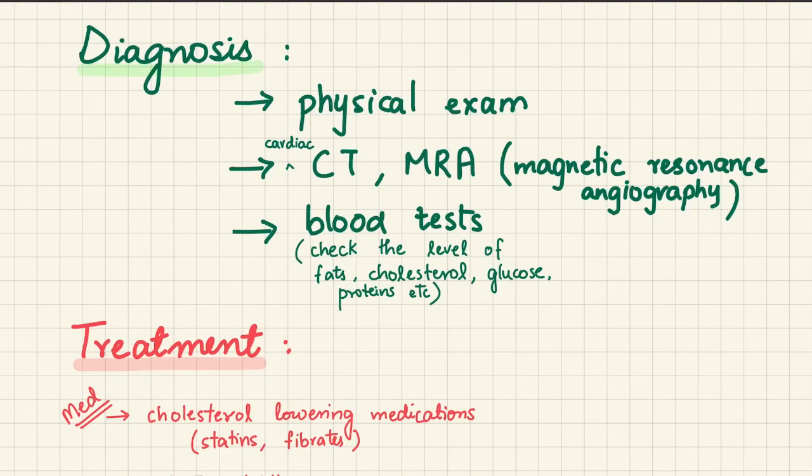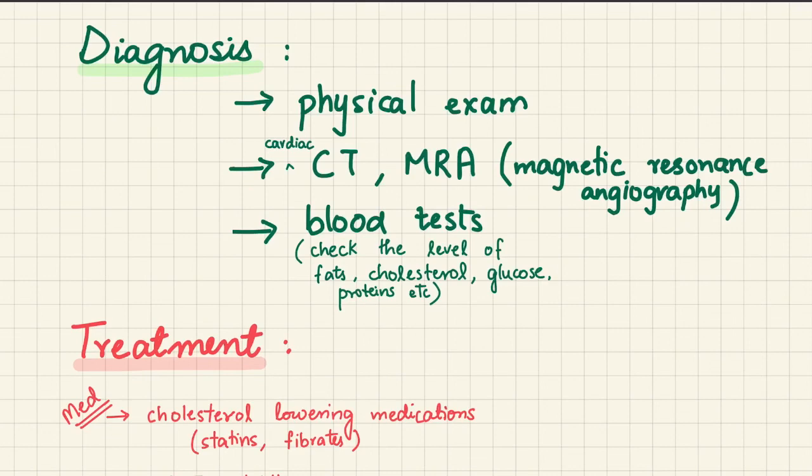Coming to the diagnosis of this condition, arteriosclerosis, the major problem here is atherosclerosis. Okay, so firstly we can diagnose it on the basis of a physical exam. How is that possible? As I said earlier, the artery which has undergone atherosclerosis is going to be supplying some organ, right?